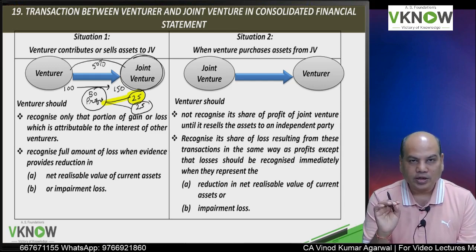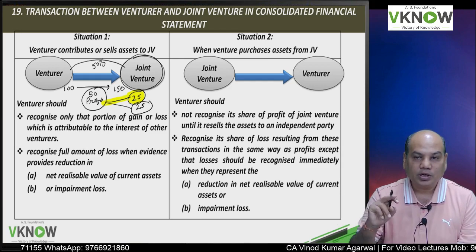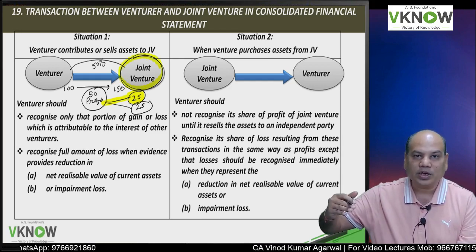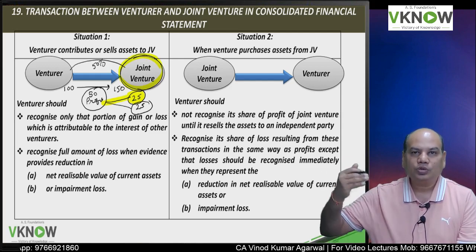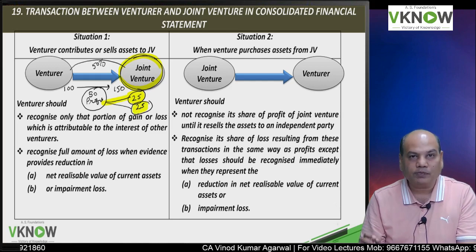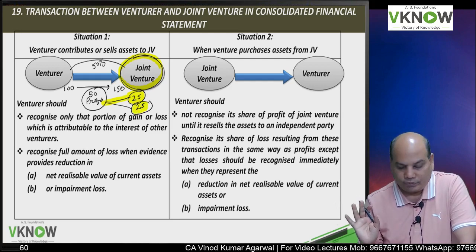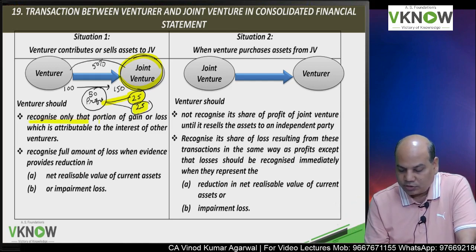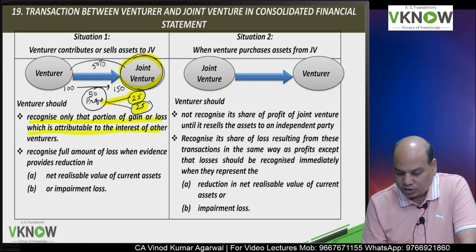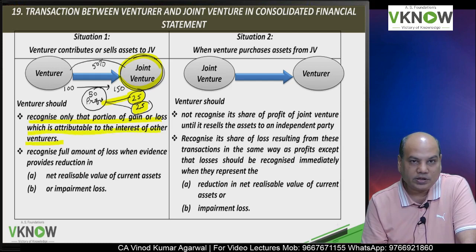So don't recognize your share in profit till the goods or the asset is sold by the joint venture to a third party, but you can recognize the share of profit of the other venturer. Recognize only that portion of gain or loss which is attributable to the interest of the other venturer.